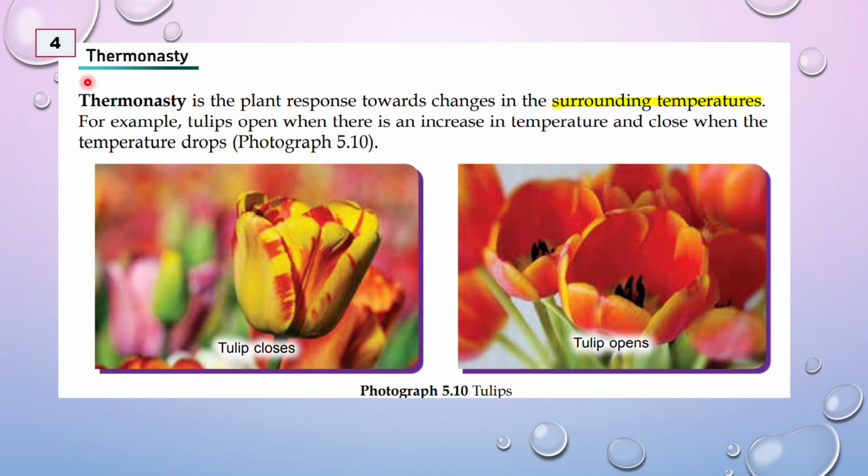So that's why it is called thermonasty. For example, tulips. This flower closes and opens when there are changes in the surrounding temperature. It opens when there is an increase in the temperature, and it is going to close when the temperature drops.